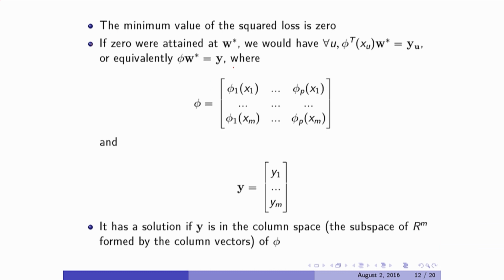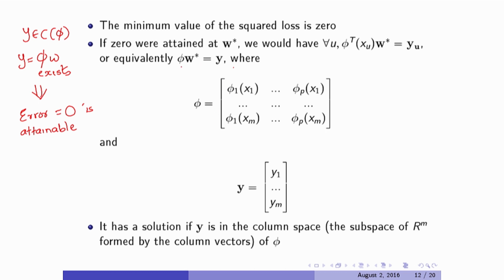So let us summarize our observation. In the case when y belongs to the column space of phi, or in other words, a solution to y equals phi w exists, all this would mean that zero error is attainable. So what does this mean?